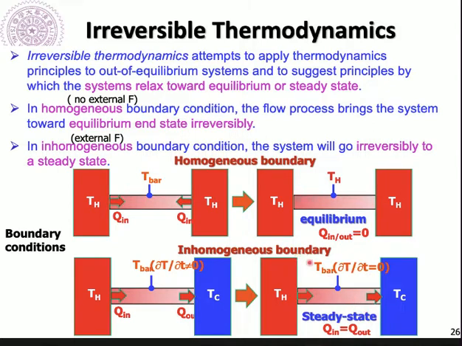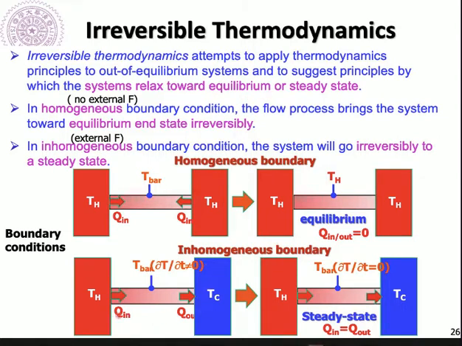That means the temperature profile at this location does not change with time. We call it the steady state or local thermodynamic equilibrium condition. So different boundary conditions will drive your system toward equilibrium or steady state.